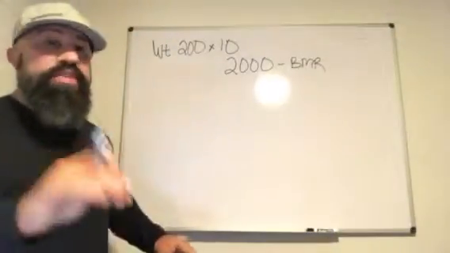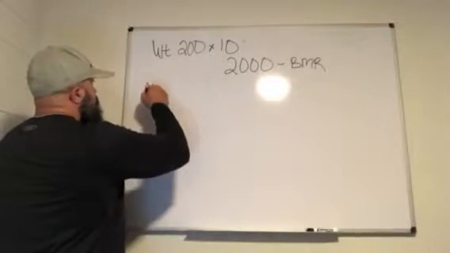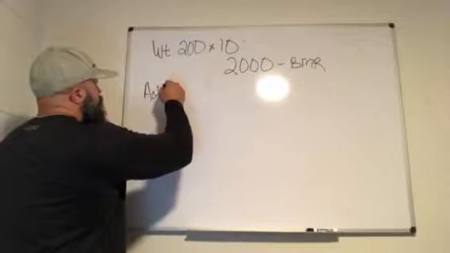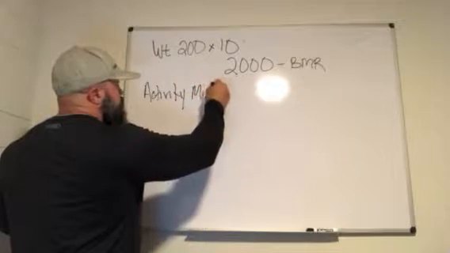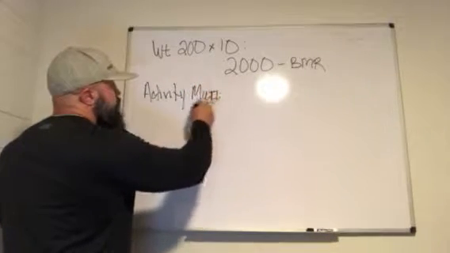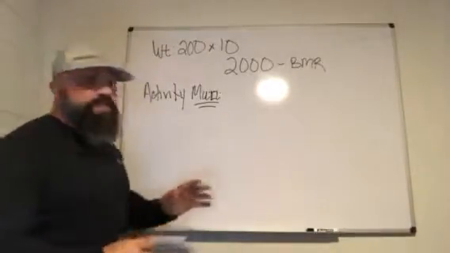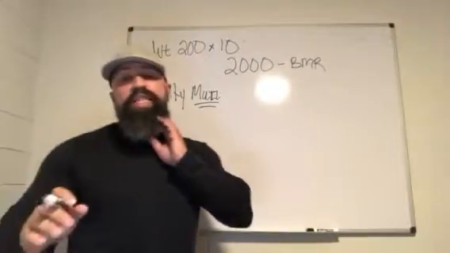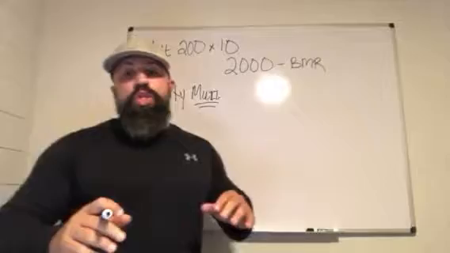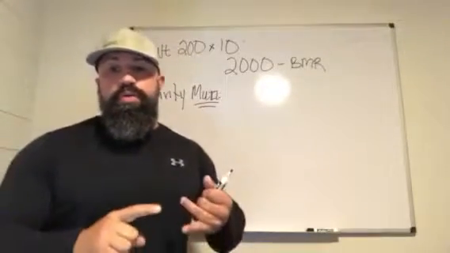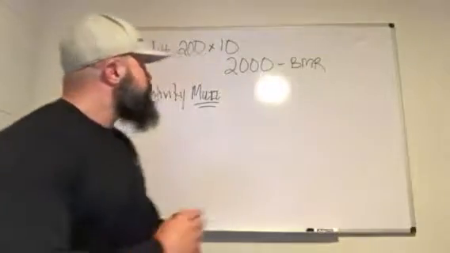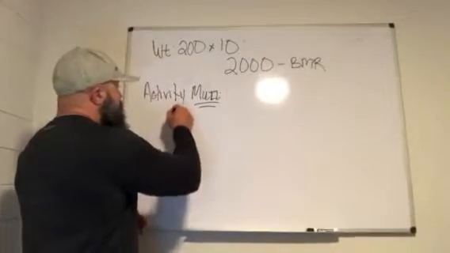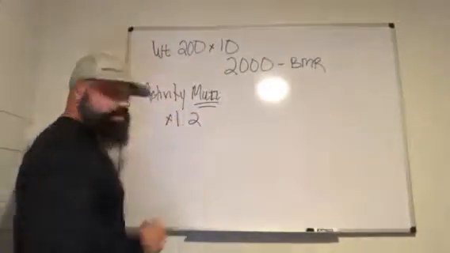Now, activity multiplier. Okay, there it is. That says multiplier, okay? Activity multiplier. I'm going to read these off. You're going to decide if you are low intensity activity and leisure activities, and you're going to multiply it by 1.2.